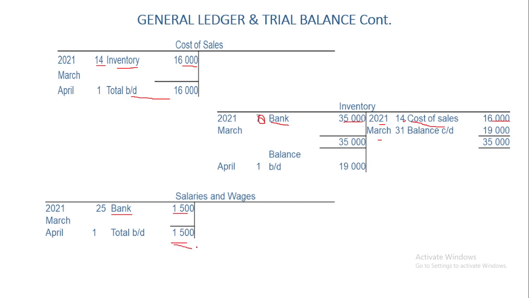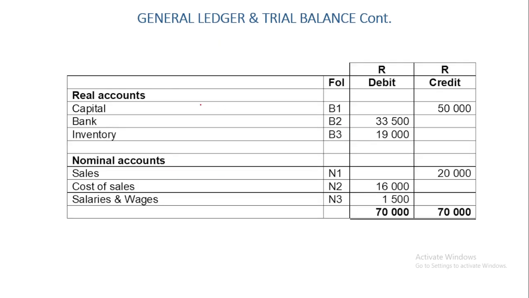So when we prepare our trial balance, all these totals that we calculated here will be transferred to the trial balance. As you can see from this side, we have the balance sheet accounts. You have the capital, which increases on the credit side and its balance is on the credit side, so it will be recorded under the credit side of the trial balance. The bank account and inventory are both assets, so their balances will be written on the debit side.